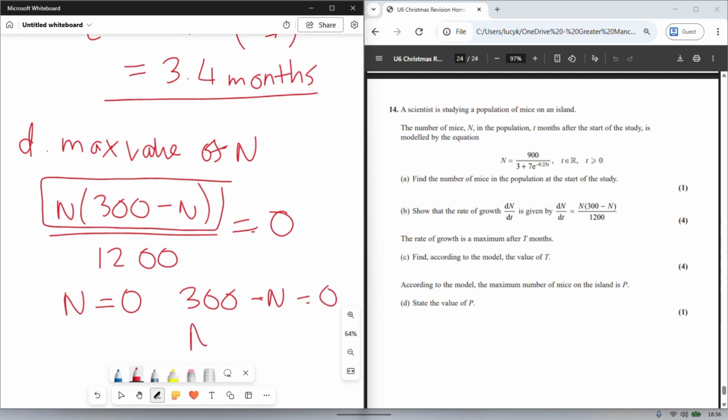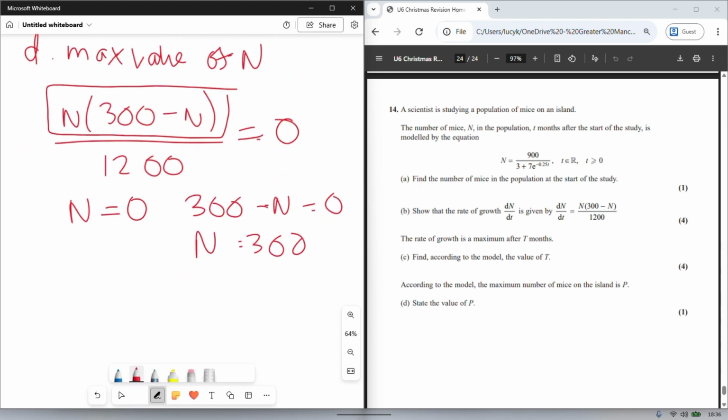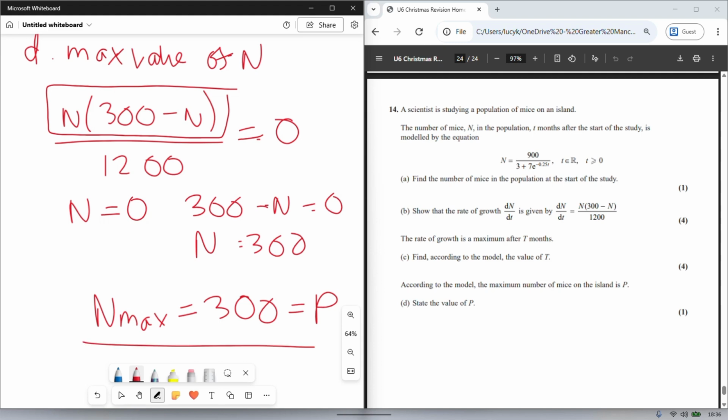So therefore n is 300. So therefore the maximum value of n, n max, which is p, is 300. And that is that question answered. So yeah, definitely a bit tricky, especially if we haven't done rate of change as well.